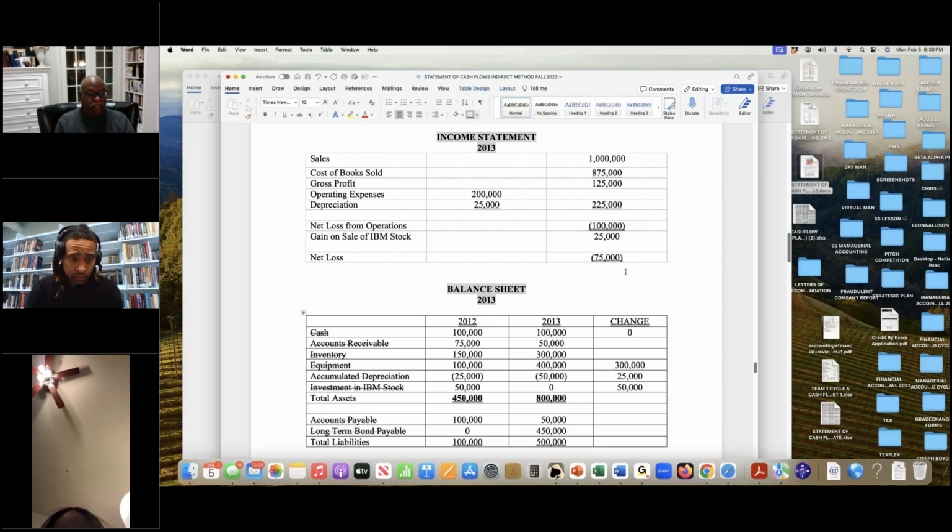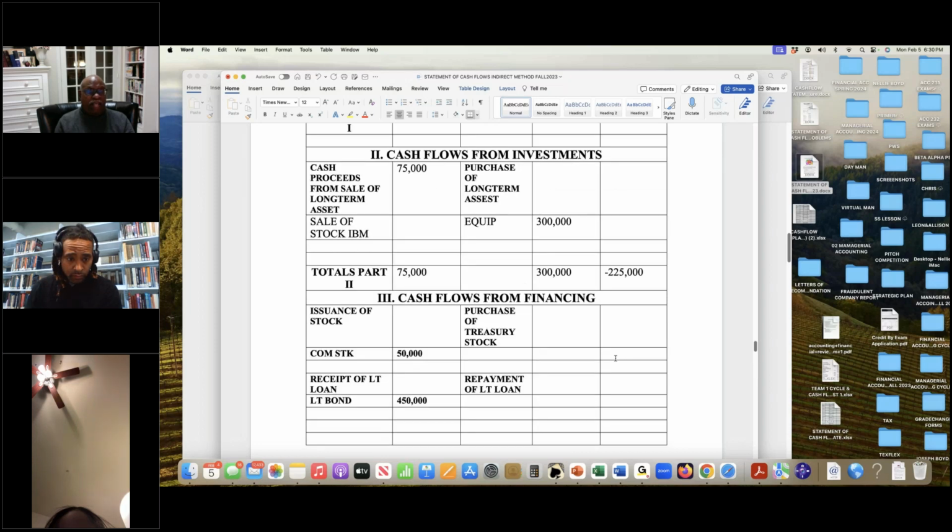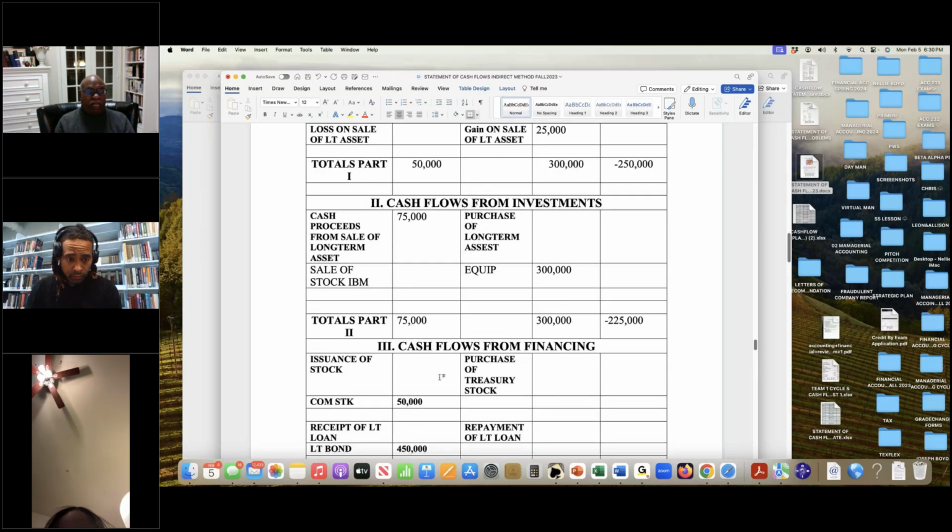If something cost us 50 and we made a gain of 25, then we got 75,000. So we net back to the 50. But on the statement of cash flow, we show the 75,000 on the sale of that stock.